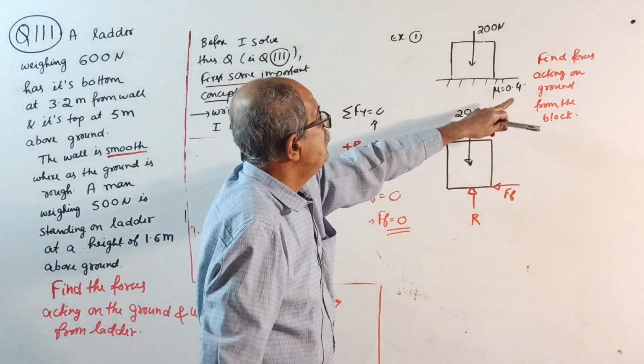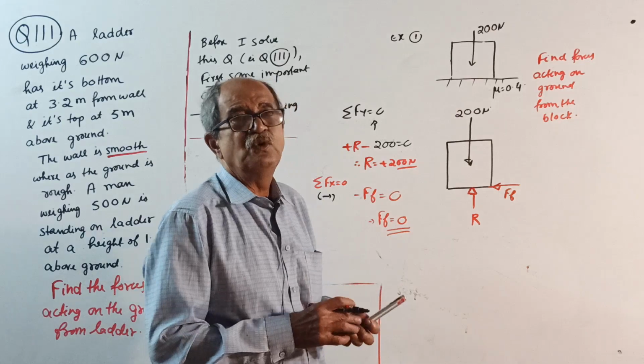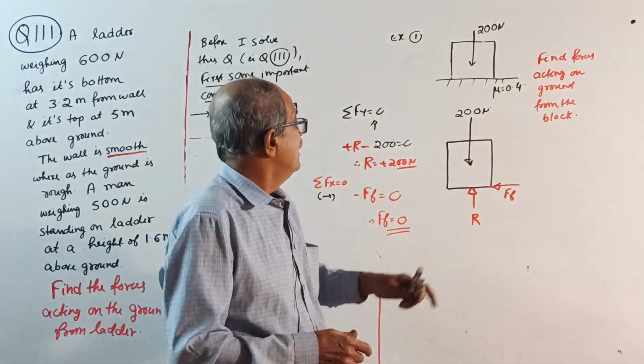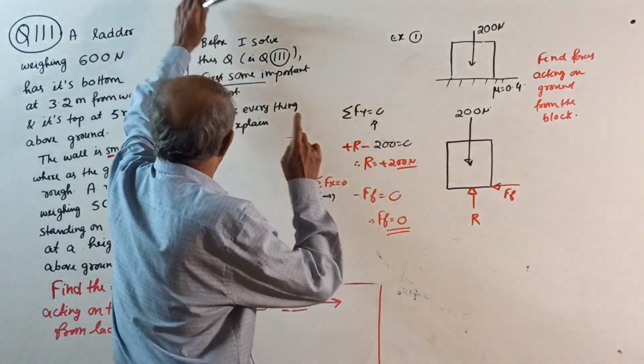So mu equal to 0.4 is not used, there is no frictional force acting on the block from the contact surface. Now come to the last part.